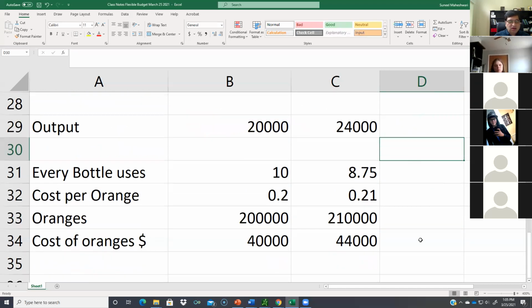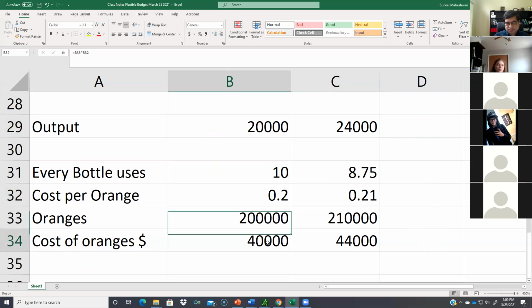The actual level of activity is 24,000, right? And we need to find out for those 24,000 bottles, what should have been the budget, right? Before we make the comparison.